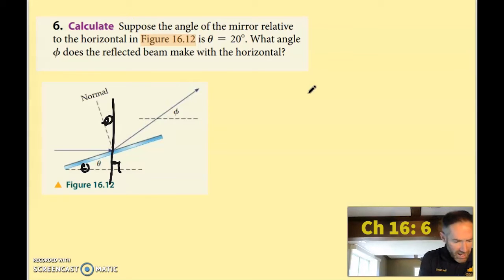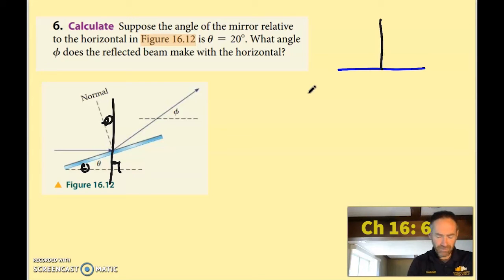If the mirror were lying flat, just like that, no good. Mirror's lying flat, more like that. Okay, and then here's that black line that I just drew. Okay, straight up. Now, if I took that mirror and I inclined it 1, 2 degrees, maybe 5 degrees, maybe it's like that. Okay, and so this angle right here is that angle theta.